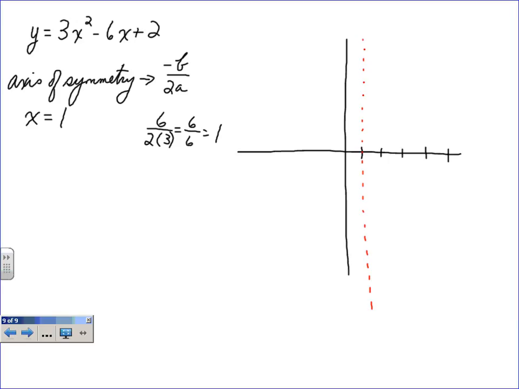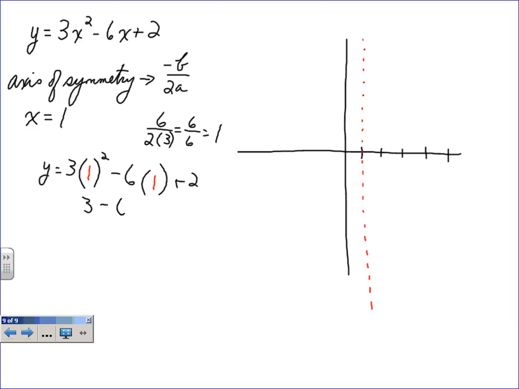How do you find the y-coordinate? Plug in 1 in place of x. So to find the y-coordinate, 3 times 1 squared minus 6 times 1 plus 2. 1 squared is 1. 3 times 1 is 3.